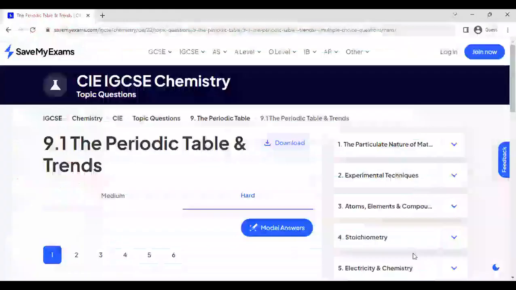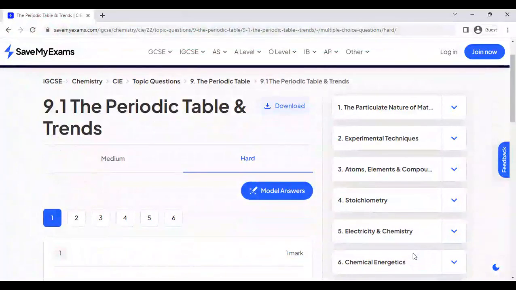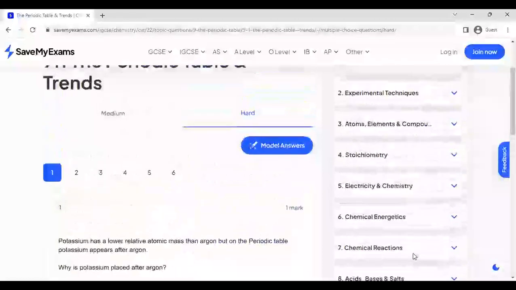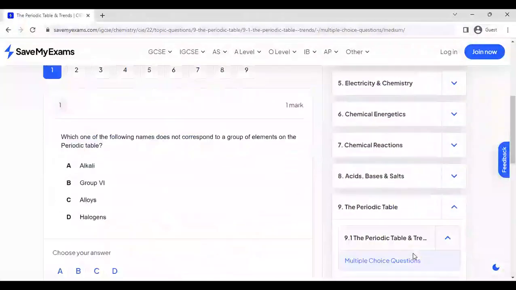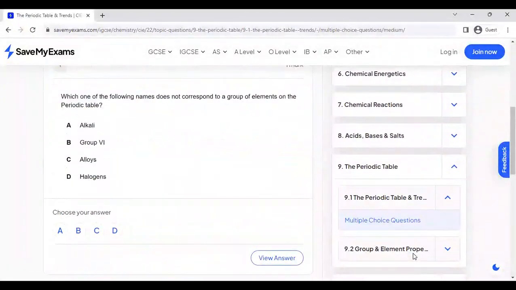So right here from multiple choice, our first question states: which one of the following names does not correspond to a group of elements on the periodic table? Group 1 are alkali metals. Group 2 elements are referred to as alkaline earth metals.